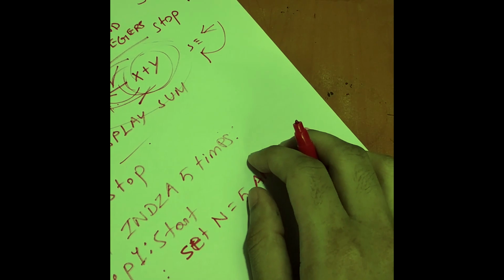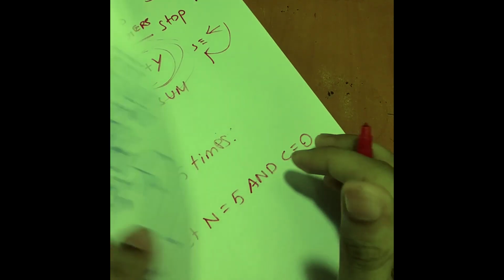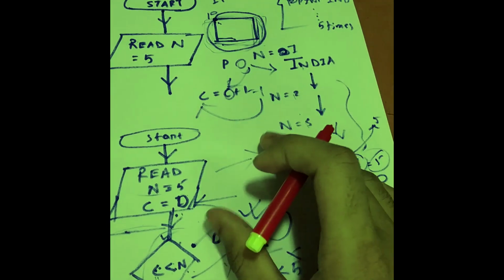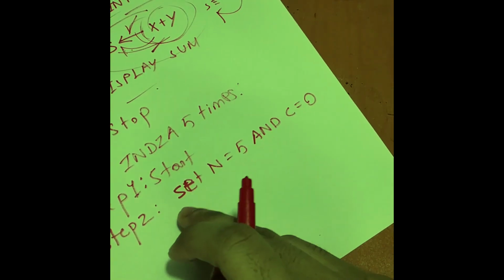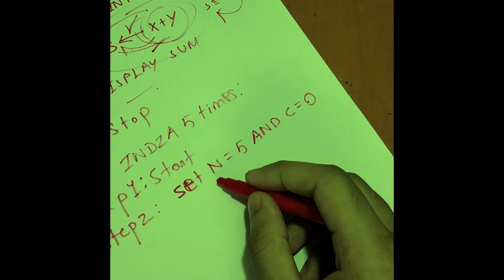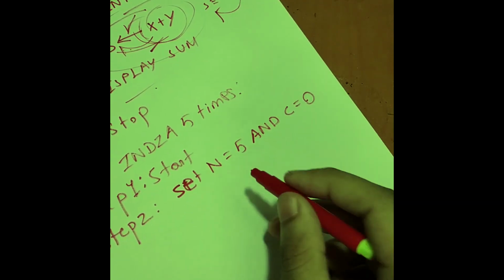I am actually drawing the algorithm of the flowchart that I have drawn, like how the algorithm should look for this flowchart. So I have n equal to 5, c equal to 0. I have set the value of c and n.